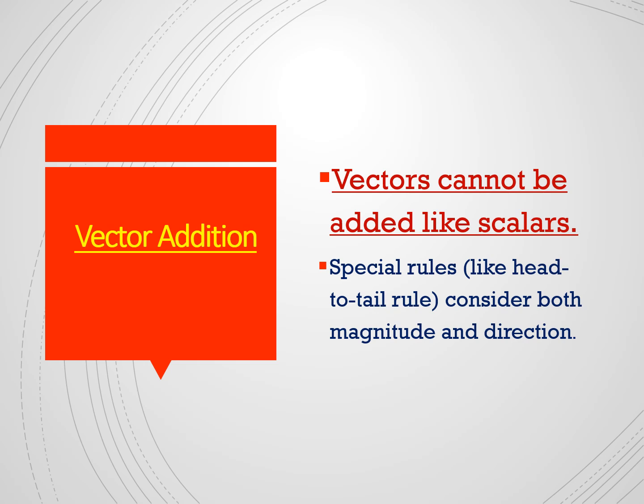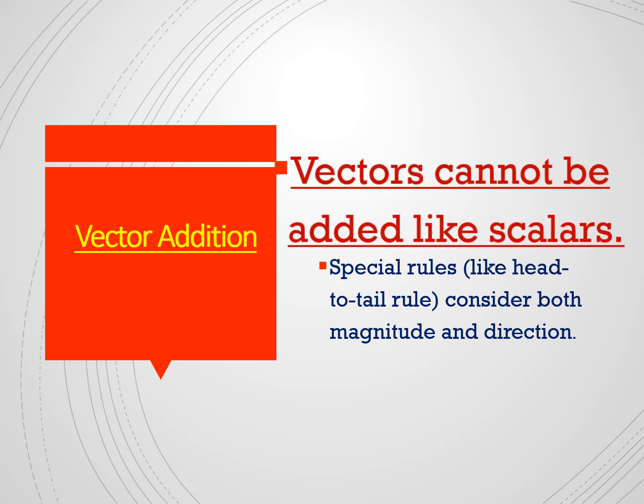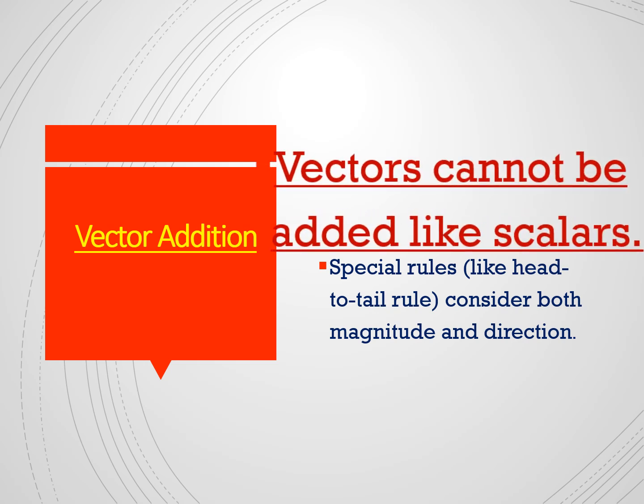Students, vector addition is different from scalars. Vectors cannot be added like scalars. What is the reason? The reason is that in scalars you deal only with the magnitude. There is no direction.